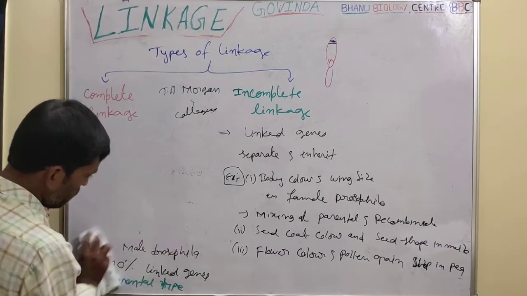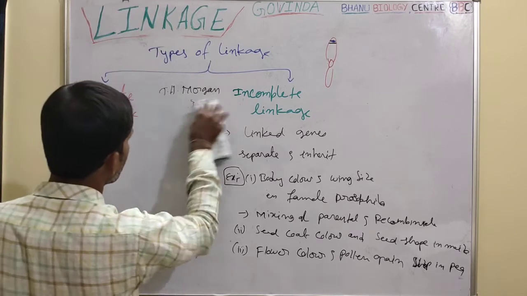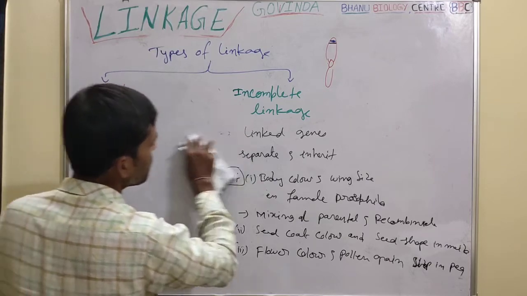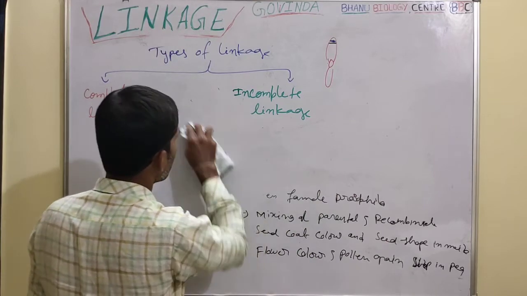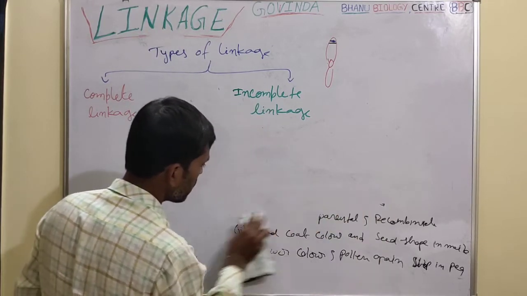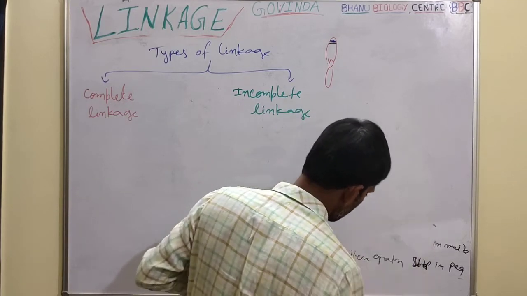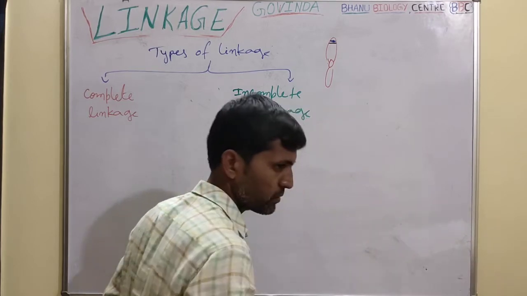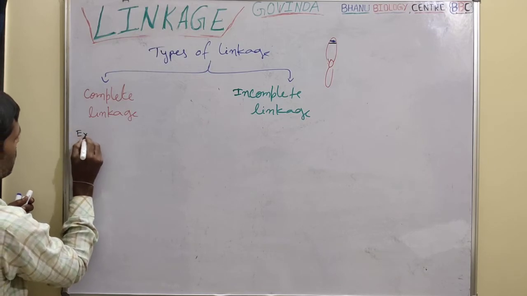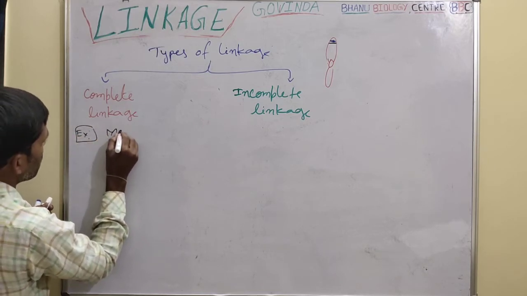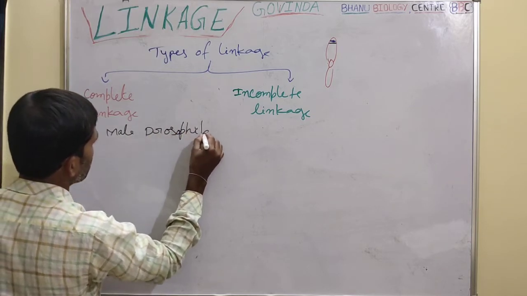Now I prefer to take the example of male Drosophila, to see how genes for body color and genes for wing size are linked and inherited together for many generations. Example, male Drosophila.